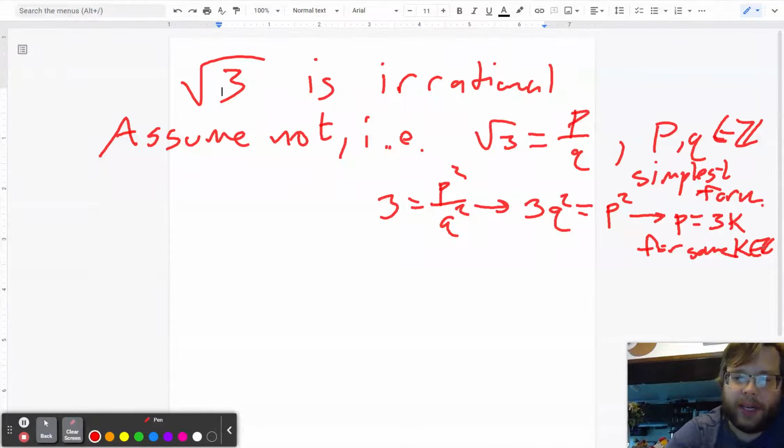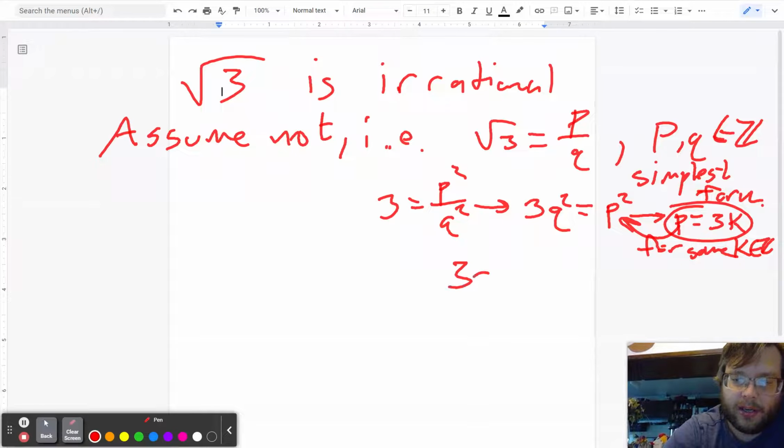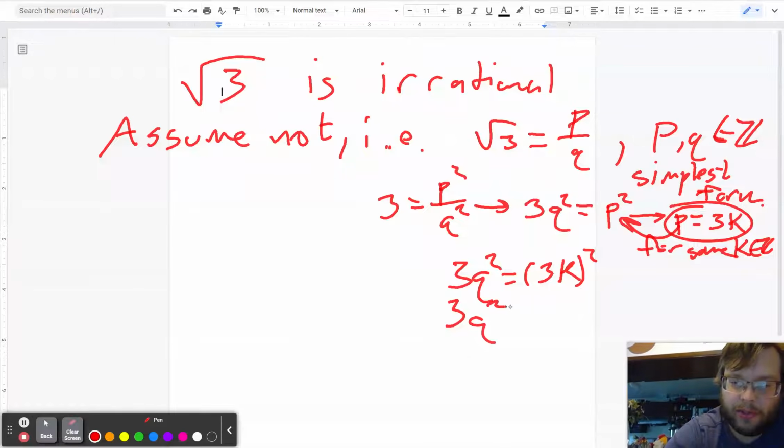And so if we write that out, substitute this in for the p-value right there, then we get 3q squared equals 3k squared. You can see how this is very similar to the square root of 2 that we did in class.